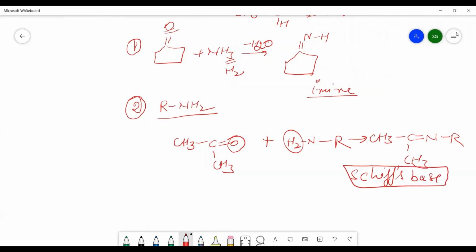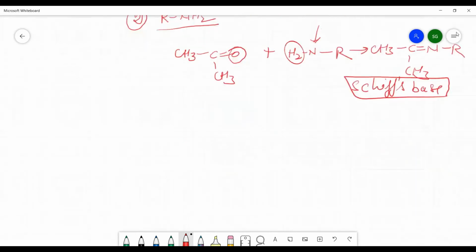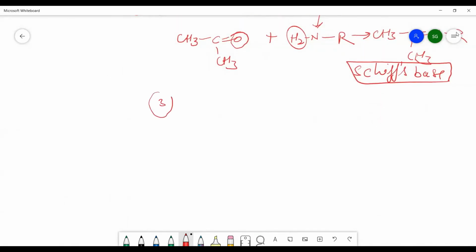Schiff's base is a reagent. It is a pink color reagent, and in the lab you will find it in liquid state, and it is also used for the detection of aldehyde and ketone. So Schiff's base is nothing but a mixture of primary amine and aldehyde or ketone.